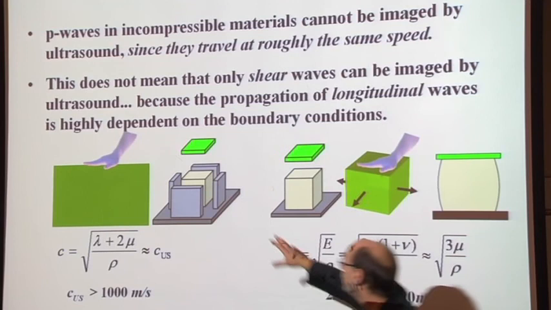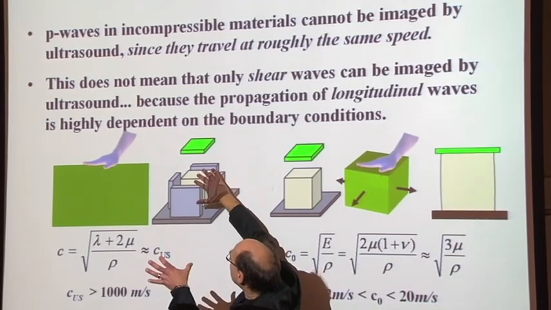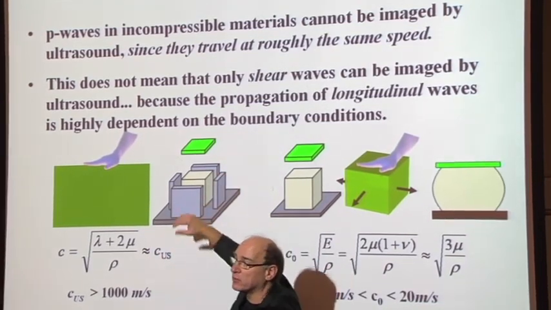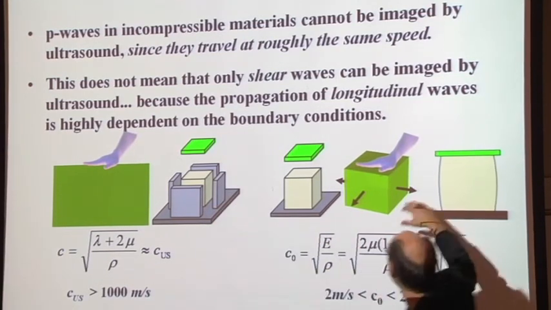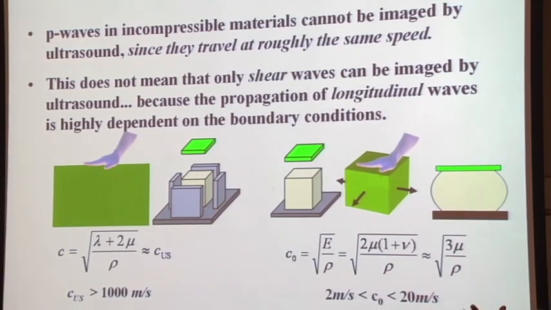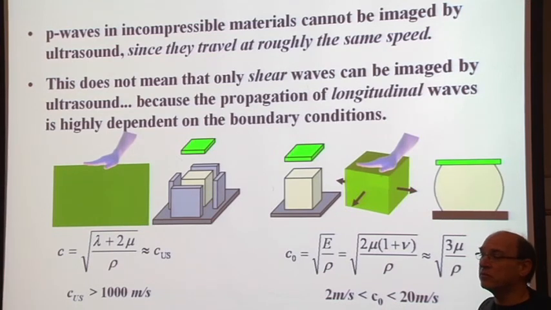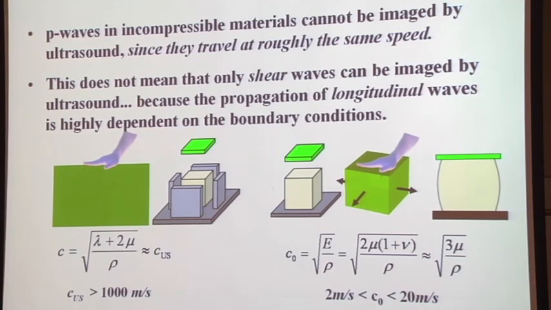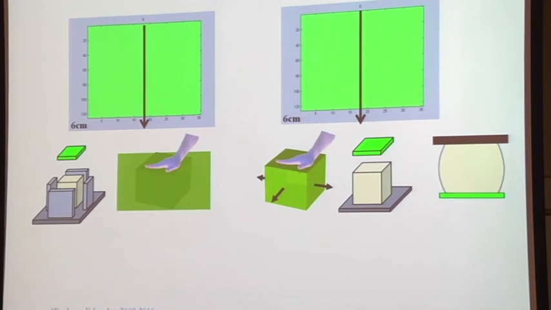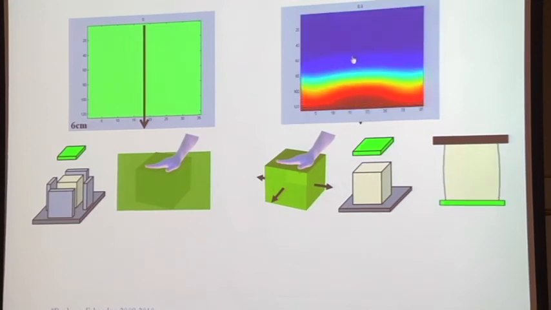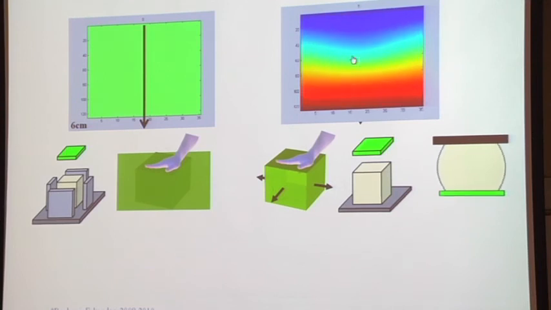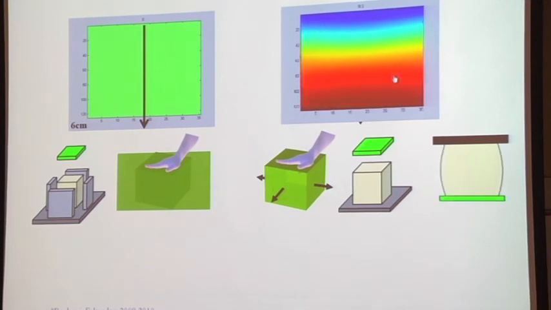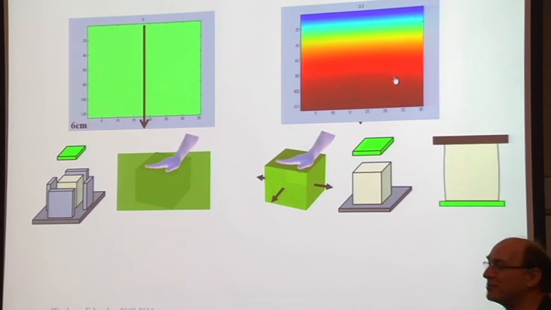If you have a sample which is fully constrained, then things move very fast through it. If the sample can bulge, then things move slow through it. Depending on the boundary condition, you can get vastly different excitation, and what you see is a fast wave that goes through tissue, followed by a slow wave, which you can then follow by repeating the fast wave.